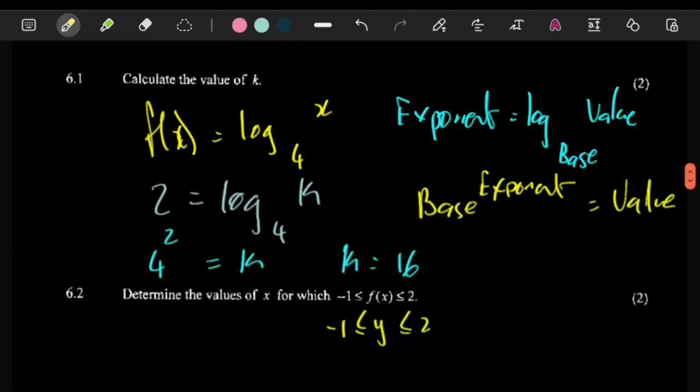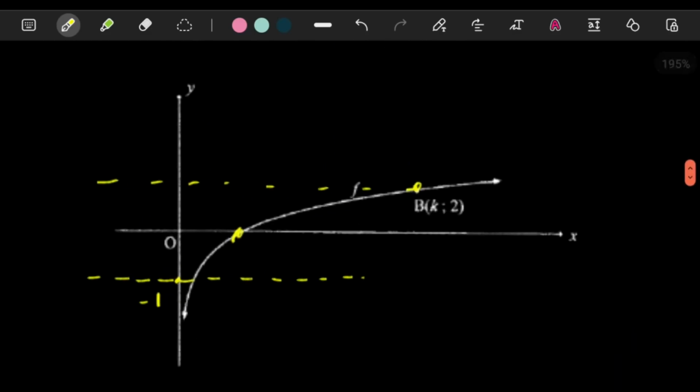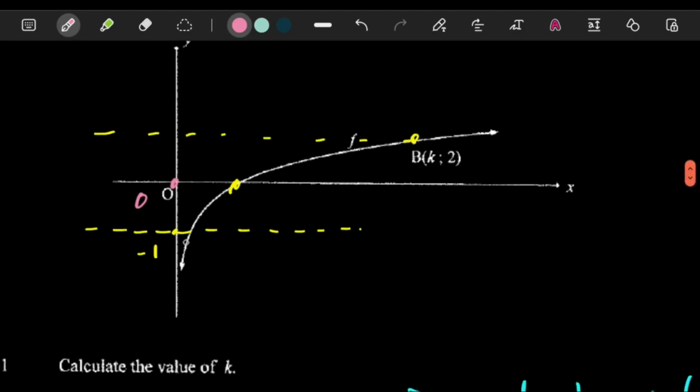They said, for which values of x will this be between -1 and +2? We can see, because of the way this is structured, that the first x value is 0, starting from this graph here. Somewhere here is where y is -1, so we don't know what the x value is over there.